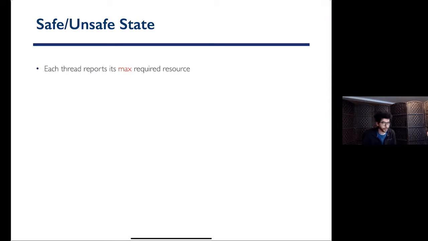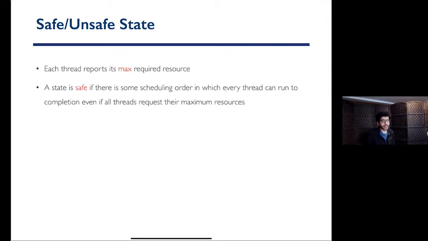A safe state is a state where there is a sequence of threads that could run without ending up having a deadlock. There is a possibility that thread 1 finishes first, thread 4 finishes next, and then 2 and 3 finish, and then I go to 5.